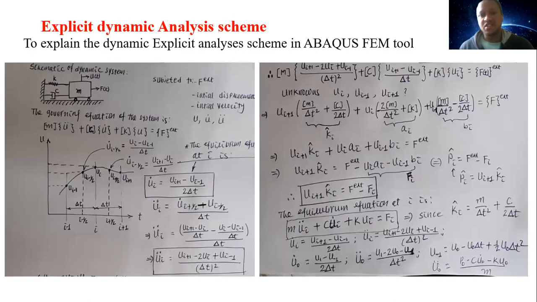Let's see how the explicit scheme is designed. To explain the dynamic explicit analysis scheme in the Abaqus FEM tool, let's take the schematic of a dynamic system, which consists of a mass, a dashpot, and a stiffness, subjected to an external force f of x, with an initial displacement u naught and initial velocity u dot naught.